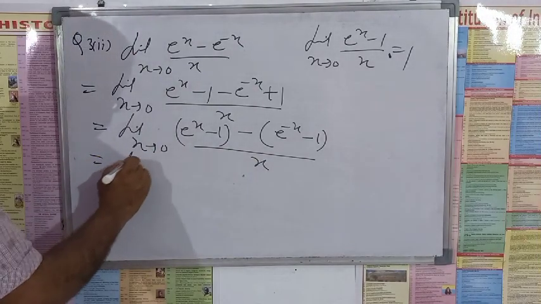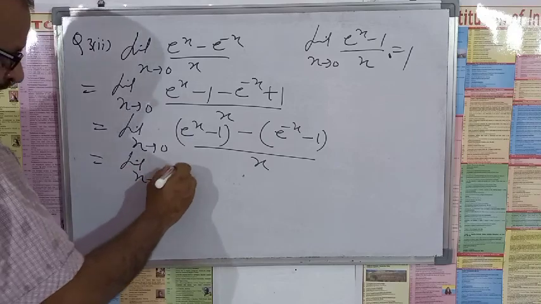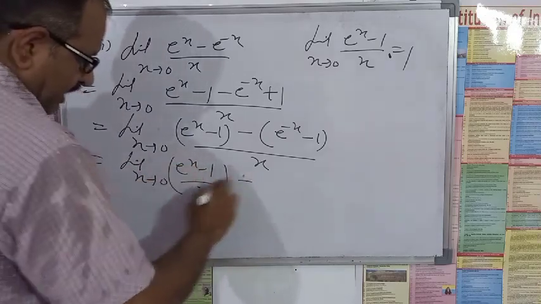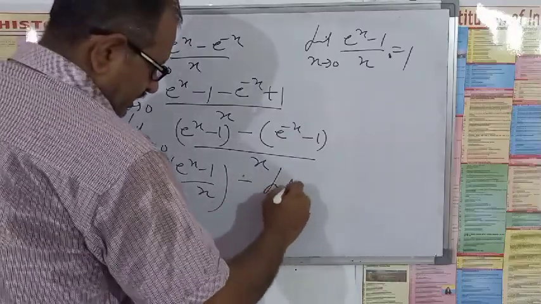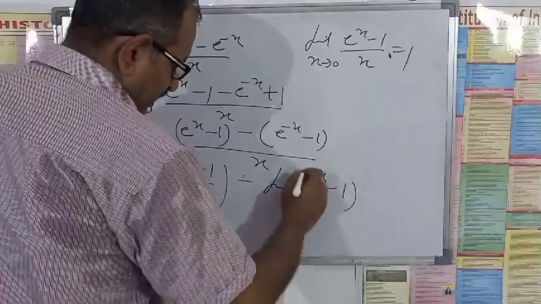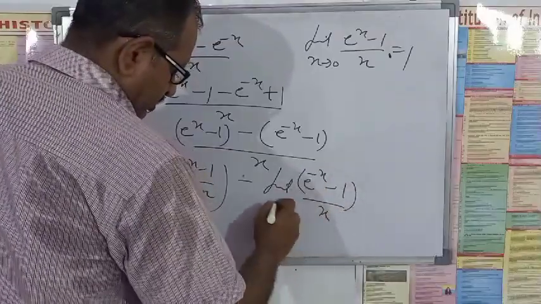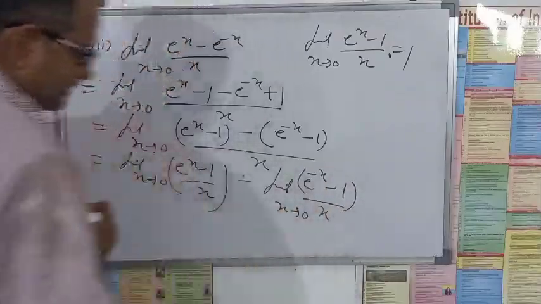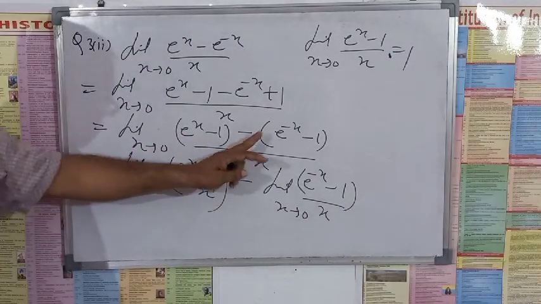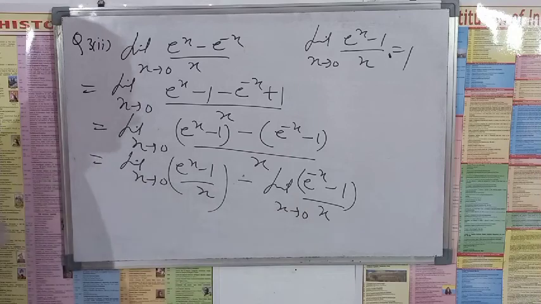We can separate it: (e to the power x minus 1) upon x minus limit of (e to the power minus x minus 1) upon x.